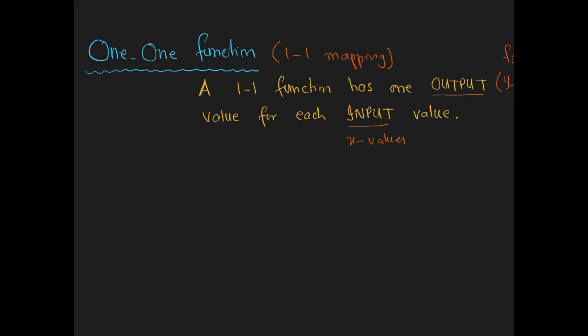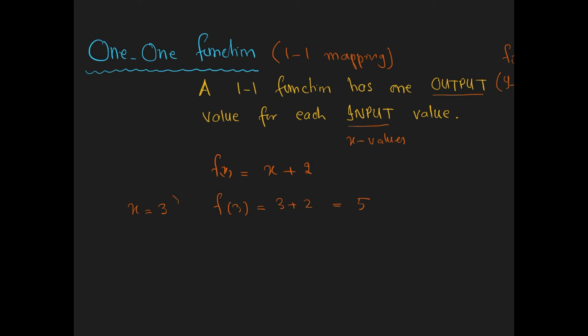For example, if I say f of x is equal to x plus 2, this is an example of a one-one function, because if we take any value of x, for example if x is equal to 3, then f of 3 is equal to 3 plus 2, which is 5.